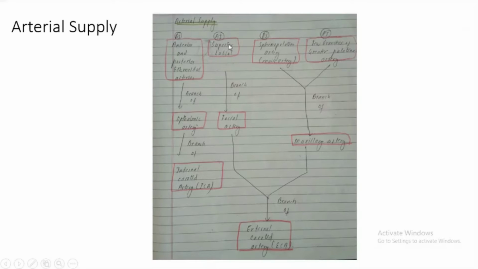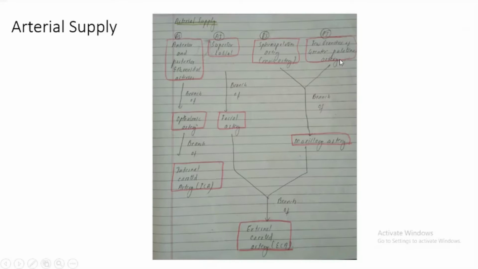And the anterior inferior is supplied by the superior labial artery, which is a branch of the facial artery, and it is a branch of the external carotid artery.